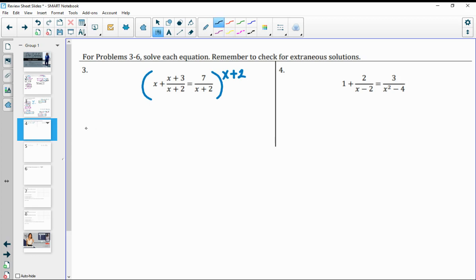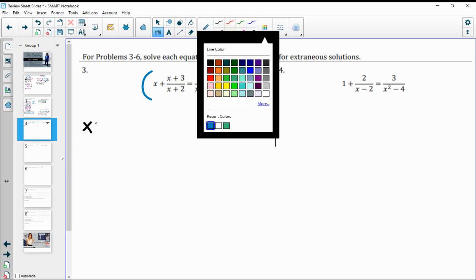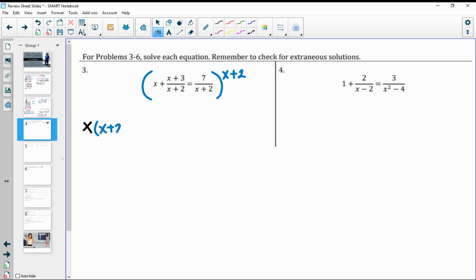So we'll just multiply this into all the terms. So we'll do that x times x plus 2. Okay, then we'll take this middle term, which is x plus 3 over x plus 2. And we're going to multiply that by the x plus 2. So we're distributing this in.